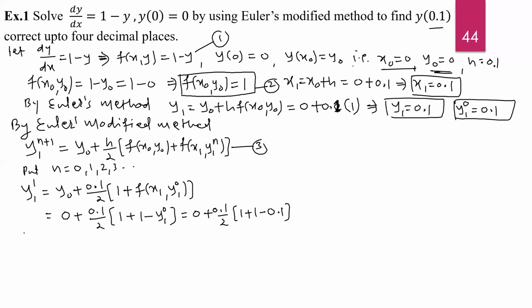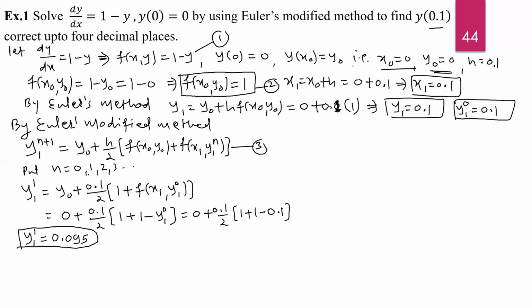So we get y1 raised to 1 is equal to 0.095. This is the first modification.